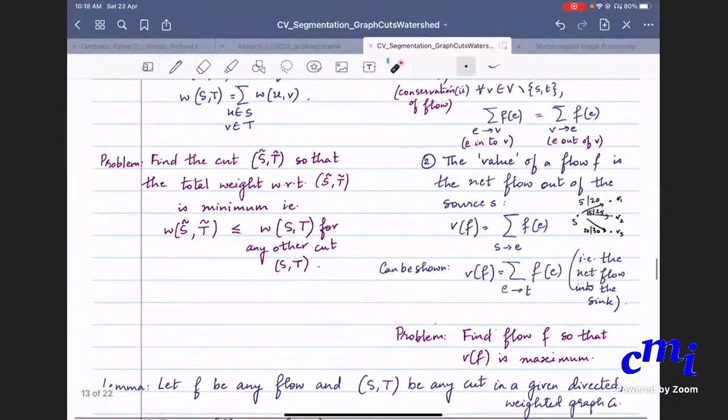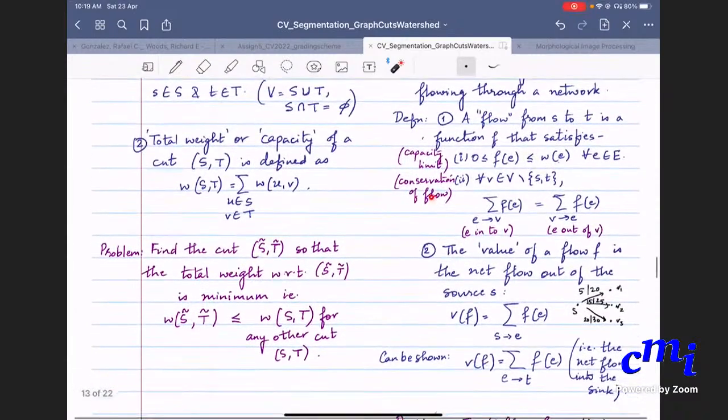And for such a flow, the value of the flow is the net flow out of the source S. So you have a source and various vertices that might be joined to the source. Then the value of the flow is the sum of all those flows out of the vertex S, where S is the source.